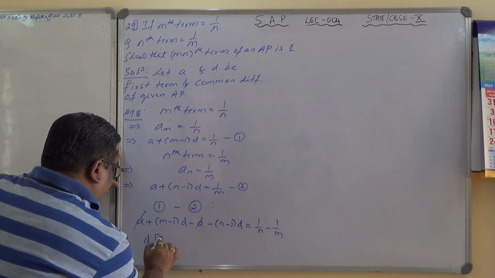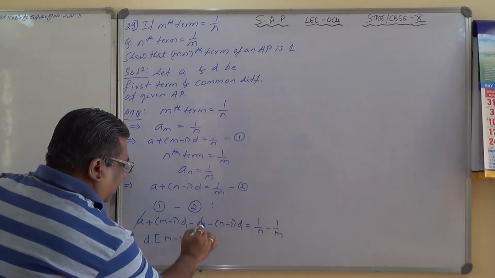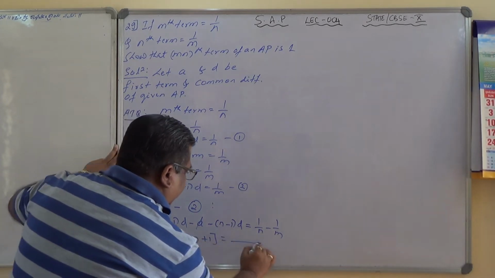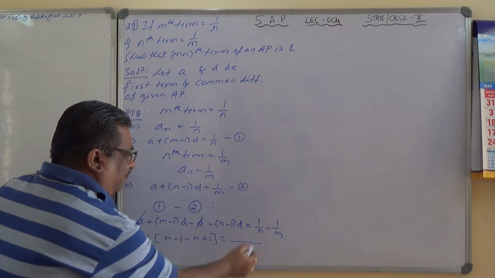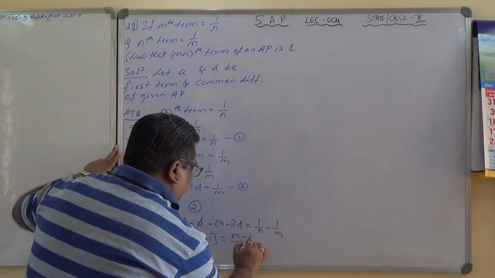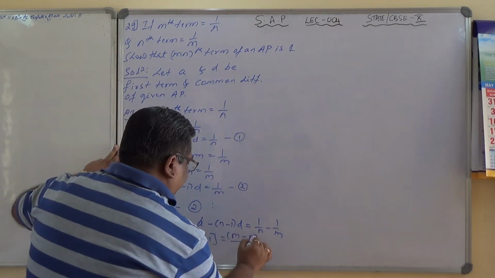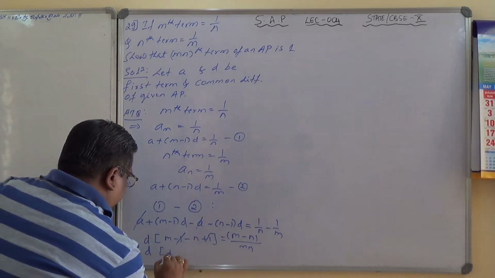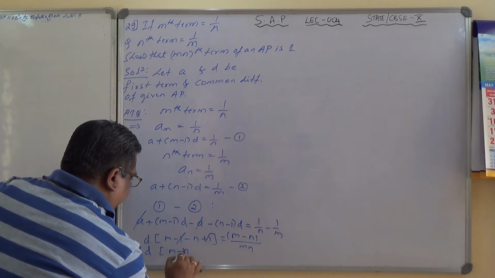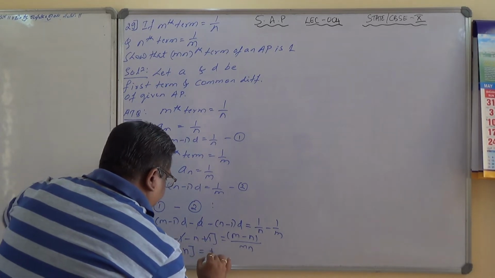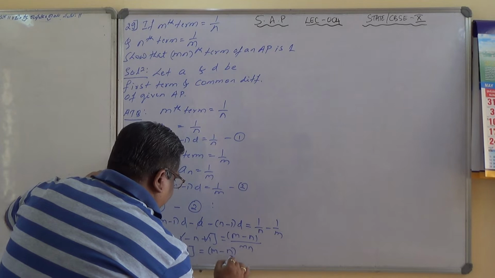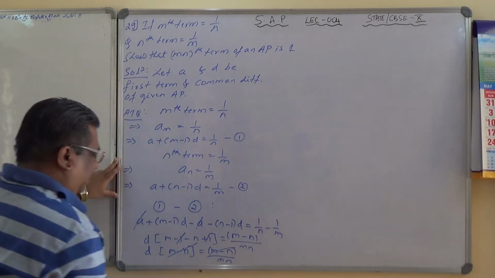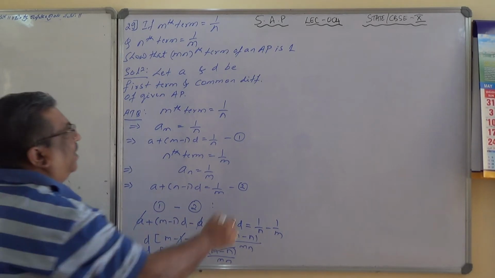So d times m minus 1 minus n plus 1 equals the LCM mn, m minus n over mn. Is it correct? So minus 1 plus 1 cancels. d times m minus n equals m minus n divided by mn. This will cancel, this will cancel. d equals 1 by mn. I'll write here.